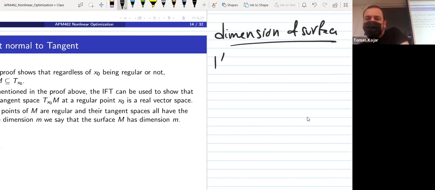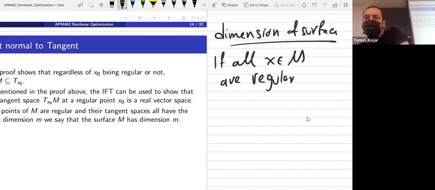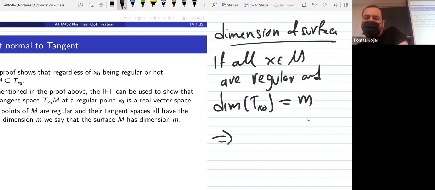If all x in M are regular, and the dimension of the tangent space is some number m, then the dimension of M will be this little m.